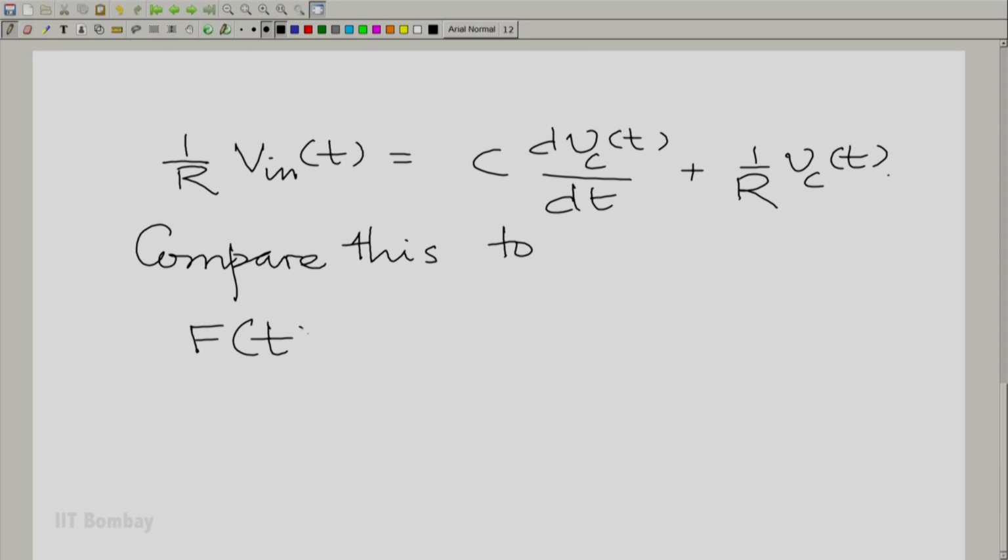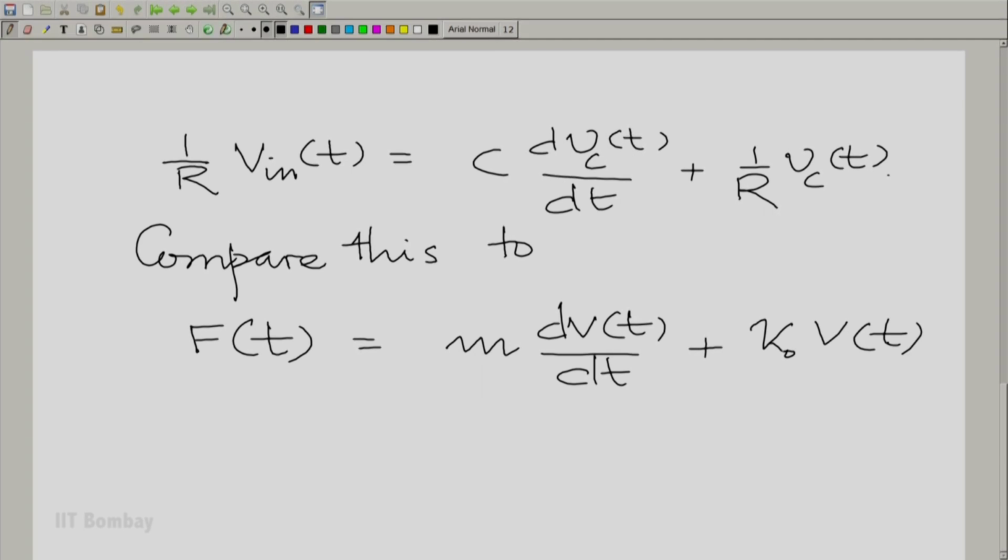The agent or the force had two parts to which it needed to react, m dv(t)/dt, the inertial part, and kappa 0 times v(t). We see exactly similar equations here.